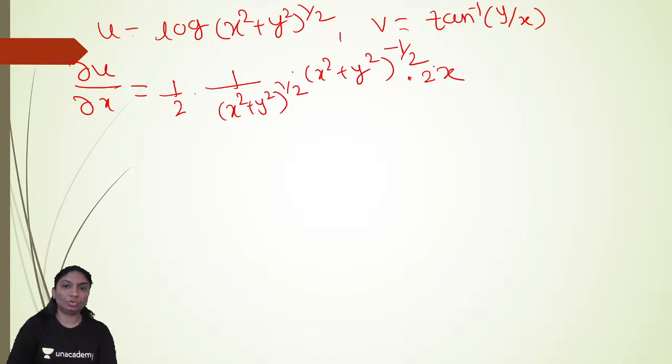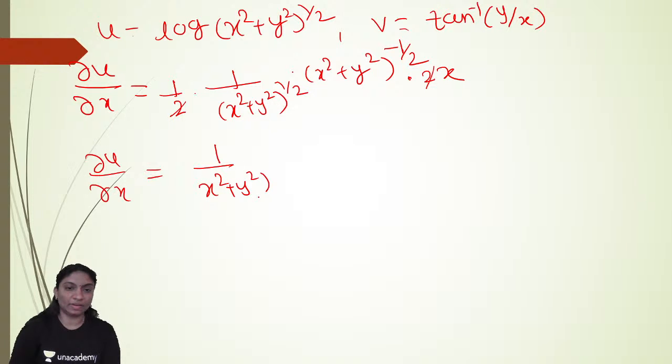So 2 cancels out. So here you will get ∂u/∂x is equal to x upon x square plus y square.